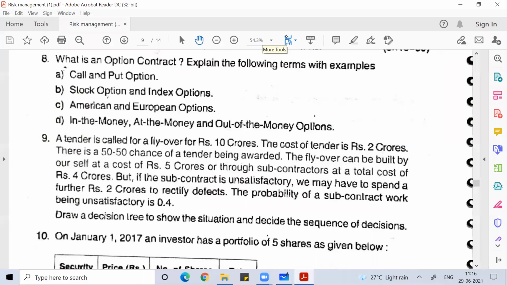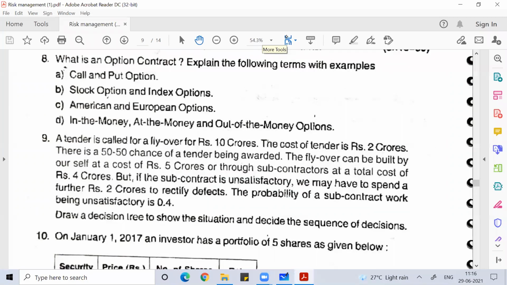Now see this problem, question number 9. What is given in this problem? A tender is called for a flyover for 10 crore rupees. If I construct this, I'll get 10 crore rupees because I've done the construction. The government keeps doing this for all project work, infrastructure related work. The government puts out a tender. The tender is of 10 crore rupees, and the cost of the tender is 2 crore.